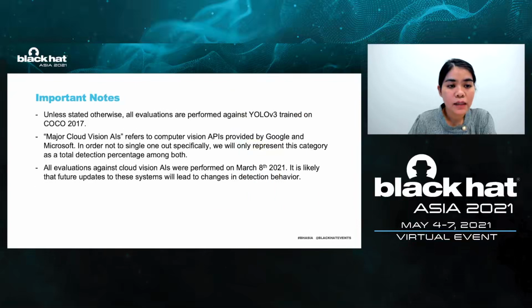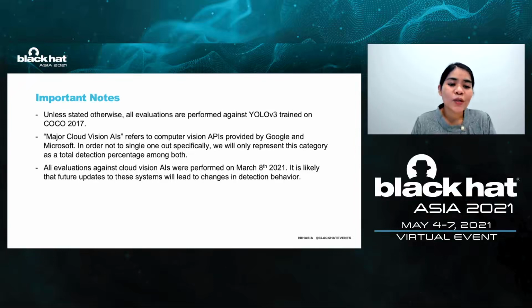Let me give some important notes. Throughout this presentation, unless we state otherwise, all evaluations are performed against Universal Street trained on the COCO 2017 dataset. In our presentation, major cloud vision AIs refer to the computer vision APIs provided by Google and Microsoft.